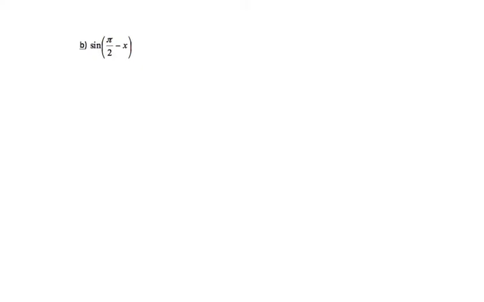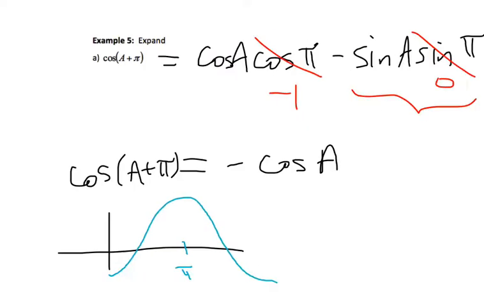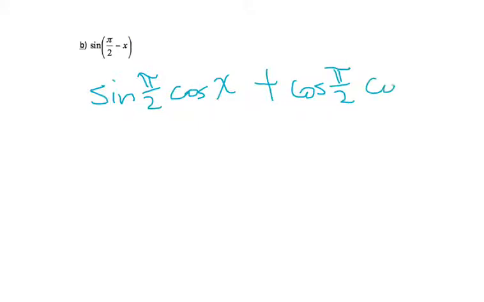Okay, I'm going to use the sine rule. So sine minus is going to be this rule, except with a minus sign. So sine, cosine, cosine, sine. So sine pi over 2 cosine of x plus cosine pi over 2 sine of x.